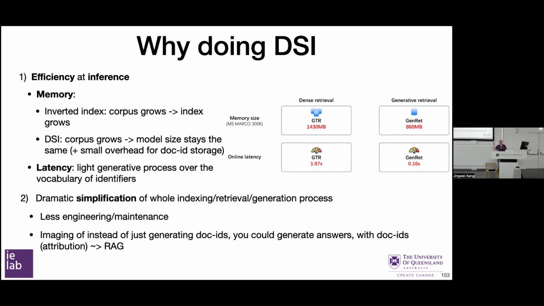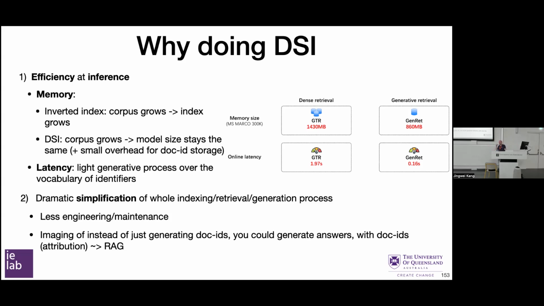That's a little trickery to do, to make sure you can constrain your generation of document IDs to a set vocabulary of document IDs and not get errors in your generation. The other advantage in terms of efficiency at inference is latency. Your generation is quite lightweight, and so you get very fast retrieval.